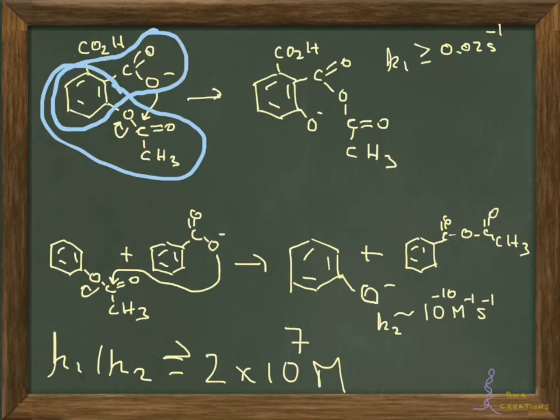And moreover, it's probably orienting them properly. And so ignoring proton transfer, quantum mechanics, tunneling, acid-base chemistry, just the very process of bringing them into thousands to millions of molar effective concentrations in the right orientation, that's a major way that enzymes work.